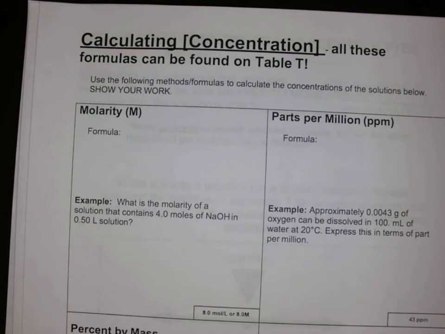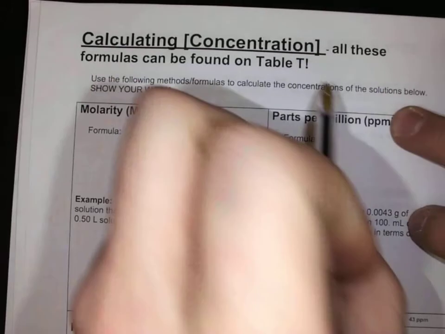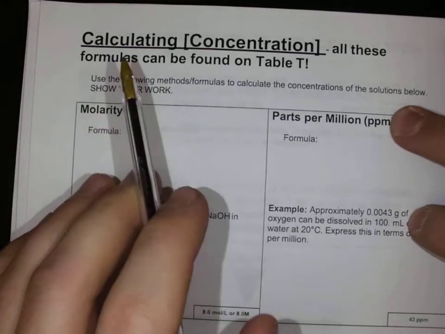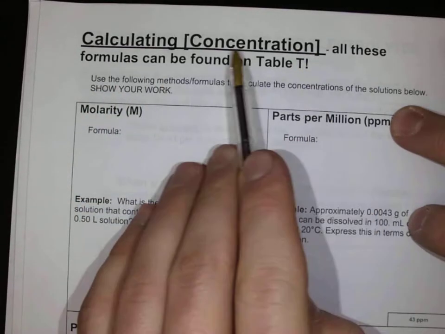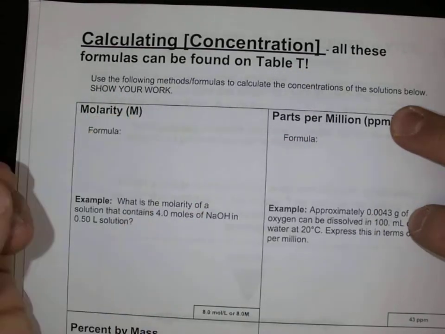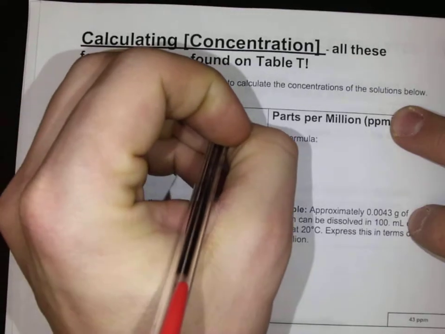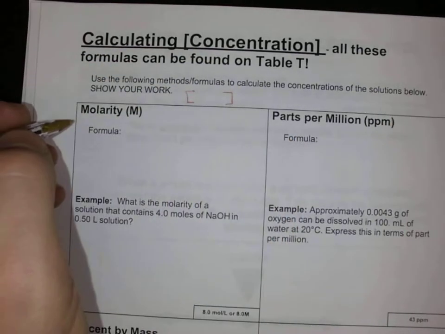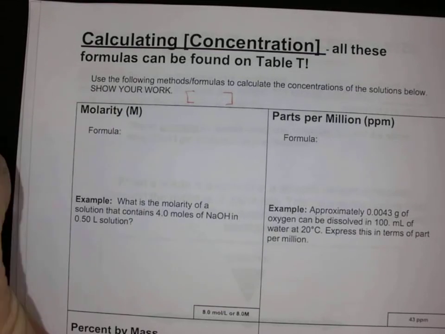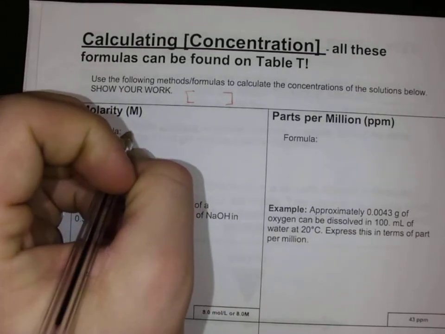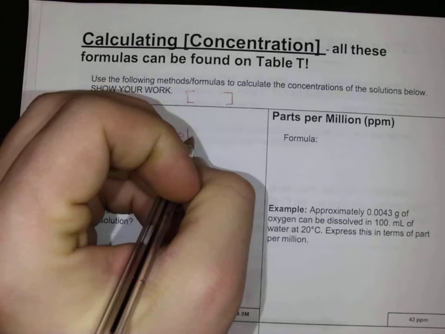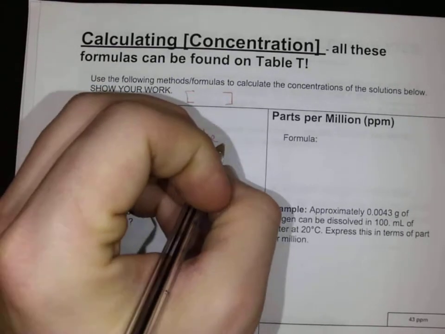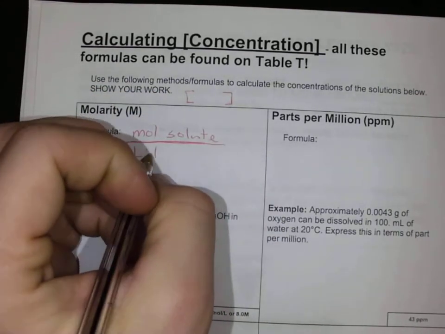Now, of course, when we've talked about solubility, we need to start applying our math and doing our concentration calculations, okay? So calculating concentration, we have formulas for each of these, but something that I want to point out is that we have these brackets. Brackets like that are square brackets. This represents the concentration. Most often in chemistry, we actually use molarity. Molarity is a concentration, and it is moles of solute over liters of solvent.